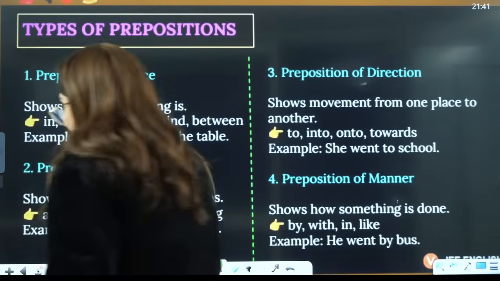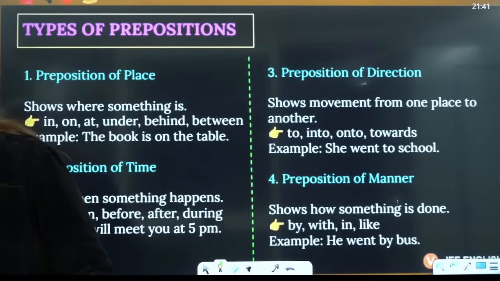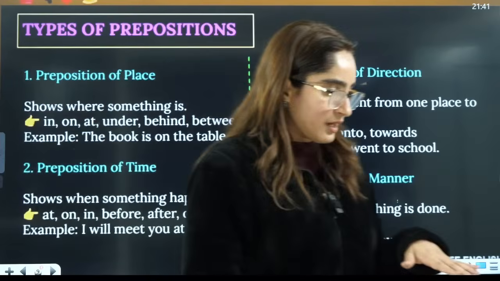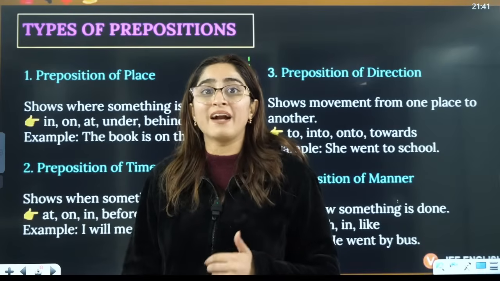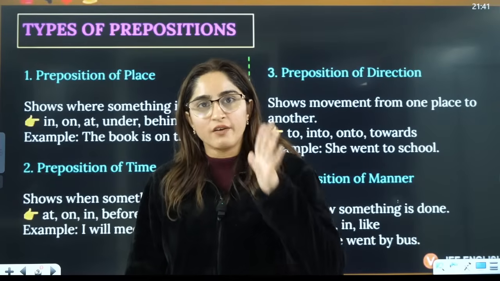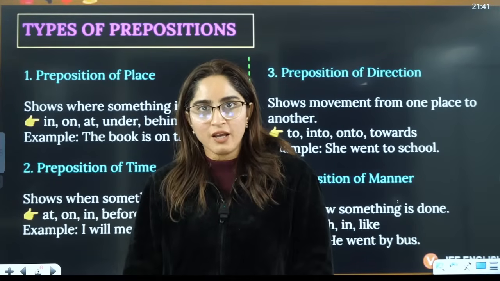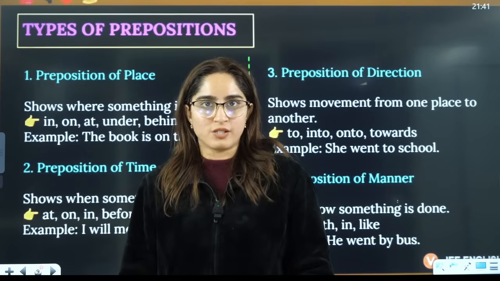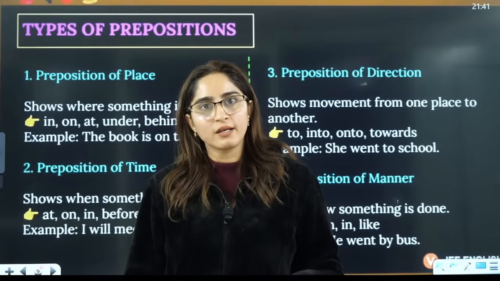And what about at? In and at are also used in different cases. If I say I am at this place, I am at the railway station, you will not say you are in the railway station, right? You are at the railway station. You are in the house, I am inside my house, I am in the house, right?